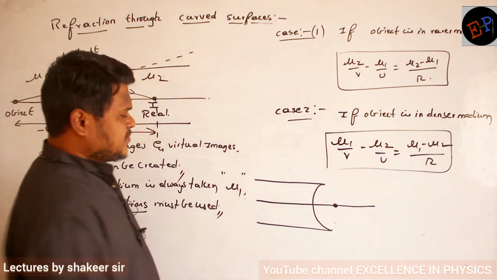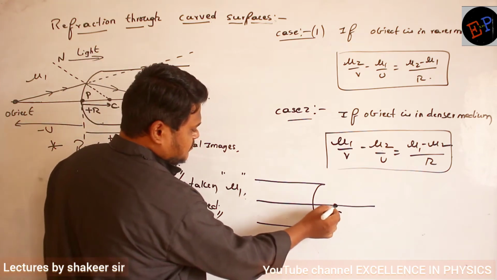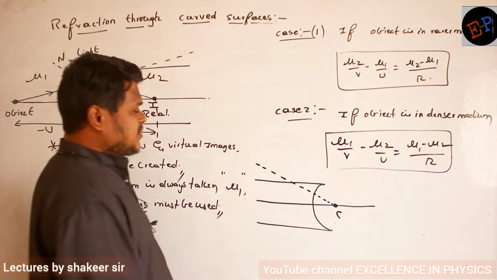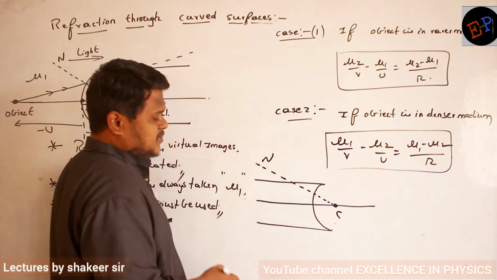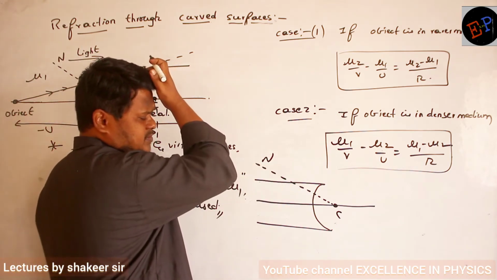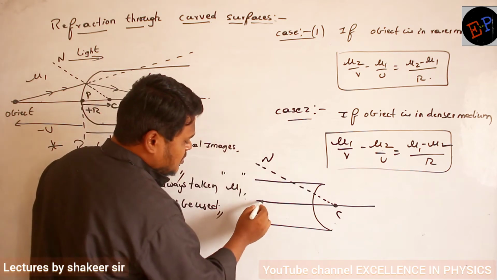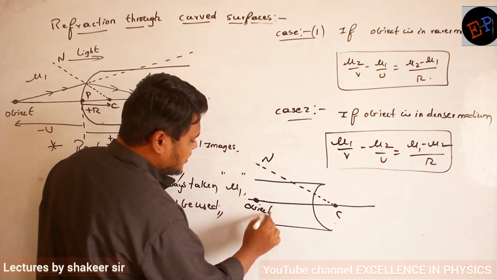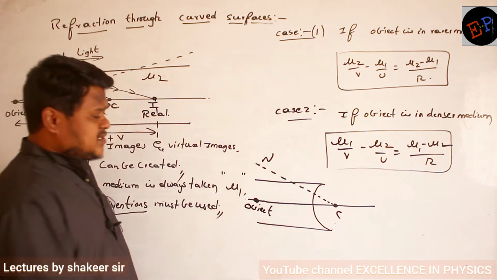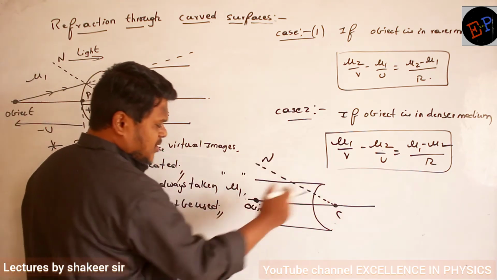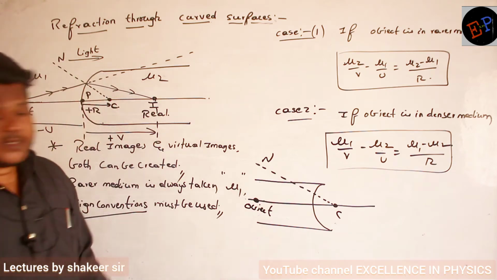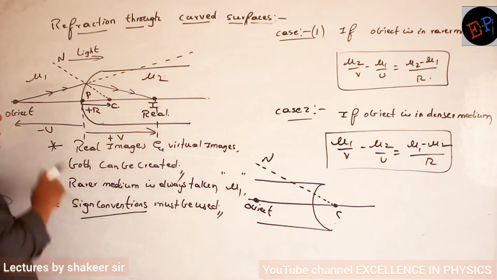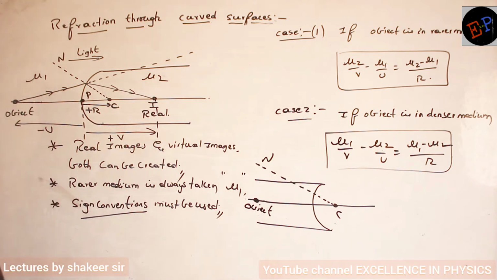If I draw a straight line from the center of curvature onto the surface, this becomes my normal. Now let us suppose object is present somewhere here. This is the position of the object. Now where is the object? Is it present in a rarer medium or denser medium? Denser medium. It is present inside this glass, so definitely this is a denser medium. But previously, object was present in rarer medium.